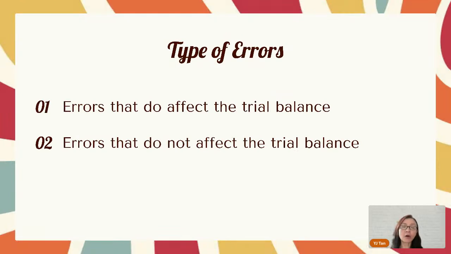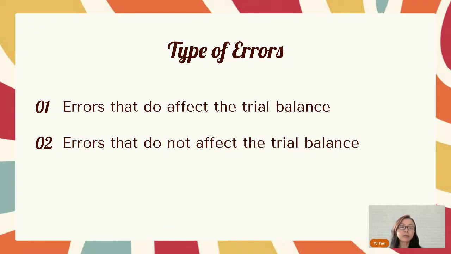Okay, the type of errors, there is one type which will affect the trial balance at the total, which means that in the trial balance, remember, the sum of it should be the same. So there are some errors which are very obvious, that you can see the debit and credit totals are not the same.